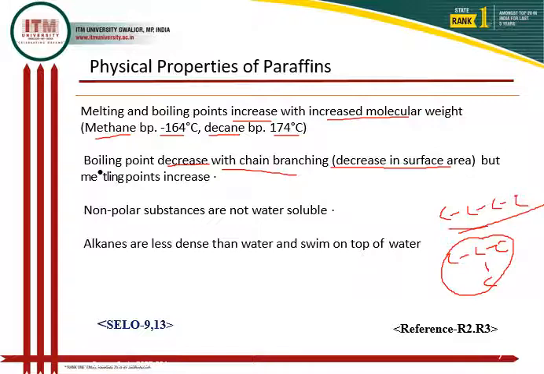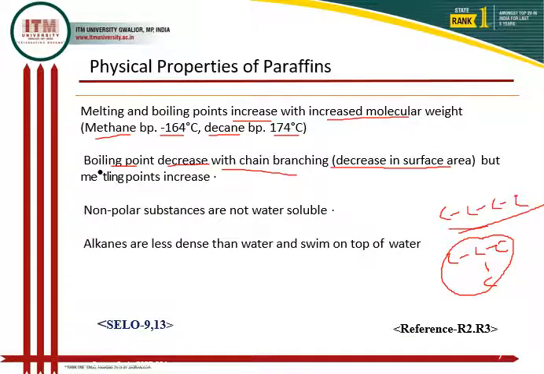That's why the boiling point decreases: the decrease in the surface area decreases the van der Waals intermolecular force or attraction, which causes the decrease in the boiling point. Understood? So the boiling point of isobutane is lesser than normal butane.